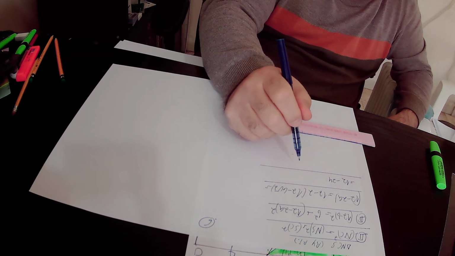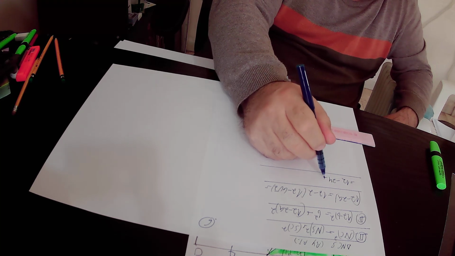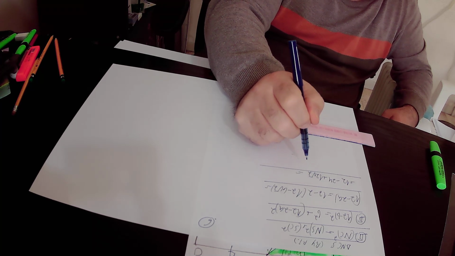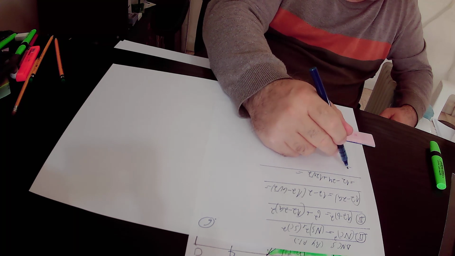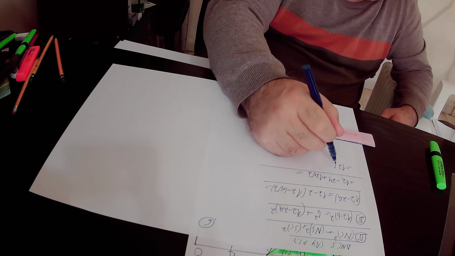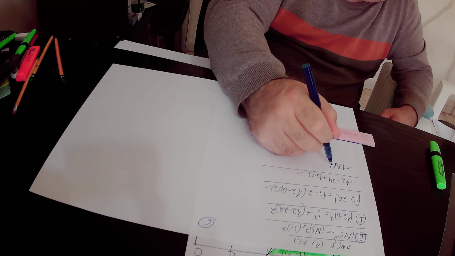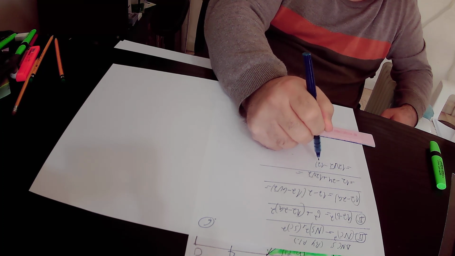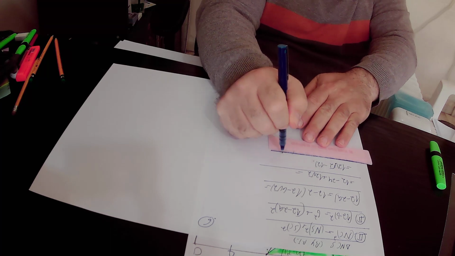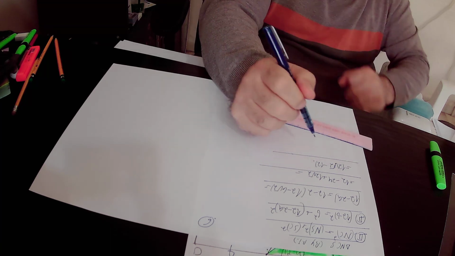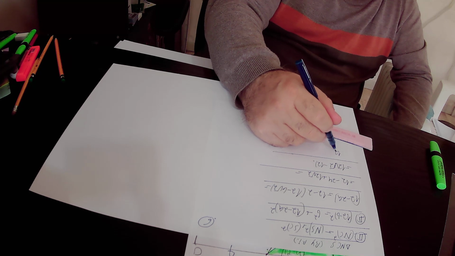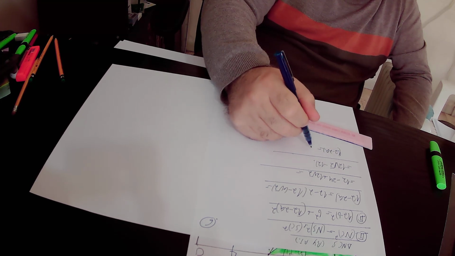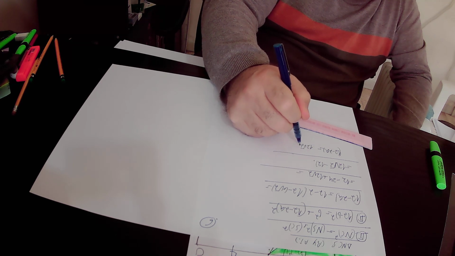Minus 2 times minus 6 is plus 12, so 12 times square root of 2. And 12 minus 24 is minus 12. So in conclusion, we found out that 12 minus 2a is actually equal to 12 times square root of 2 minus 12.